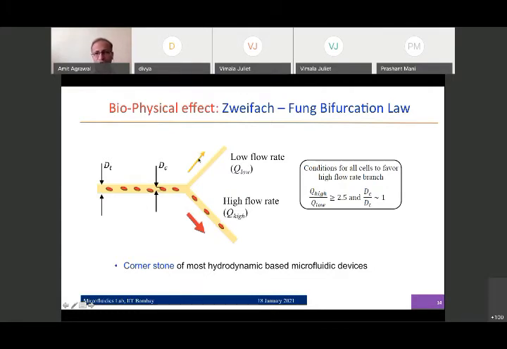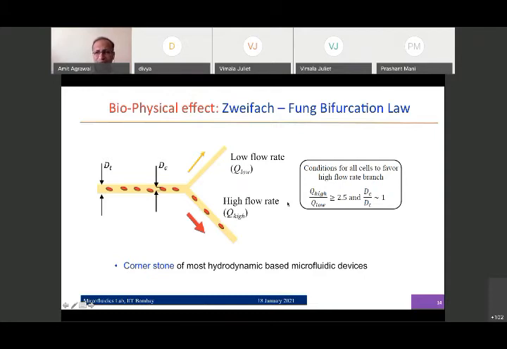And what has been observed is that the cells will tend to move in the branch which has a higher flow rate, provided some of these conditions are met. So this is the other interesting effect. If you can create this, then you can utilize this effect, and you can make cells move in a certain preferred direction, and the plasma move in the other passage.